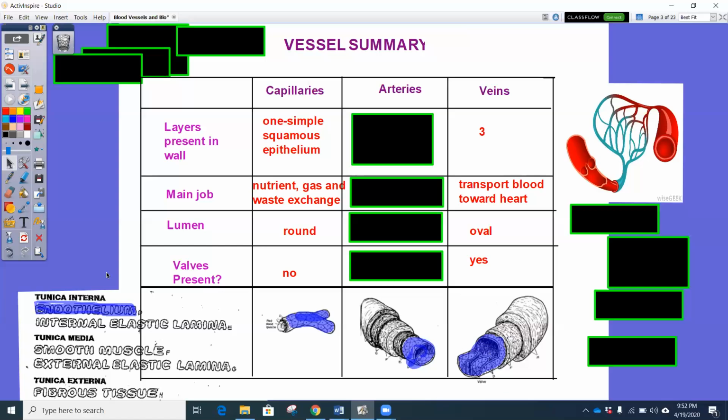The name for these three layers of a vein are first the endothelium, and the endothelium is that simple squamous epithelium of a blood vessel. And we will now add our second color, and it is smooth muscle. Okay, smooth muscle is the third type of muscle that we haven't really talked about yet.